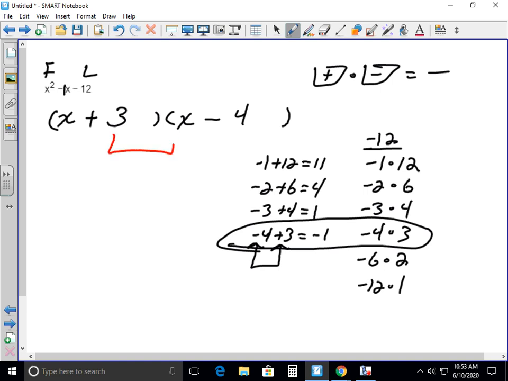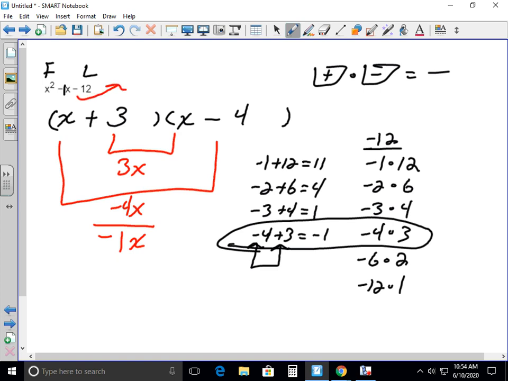So our inner product is 3x. Our outer product is negative 4x. Since we have different signs, we subtract instead of add. So subtract, we have a difference of 1, take the sign of the bigger. So sometimes we look at this as, since that sign is negative, which numbers multiply to make 12 and have, instead of a sum, a difference of 1.